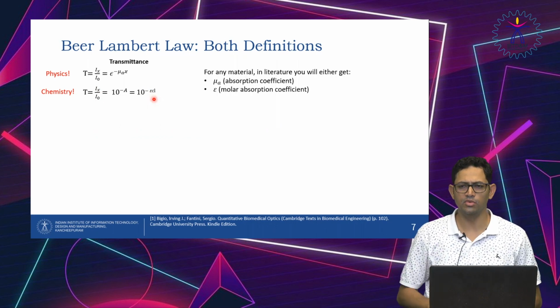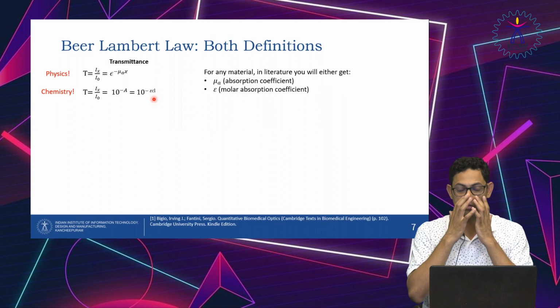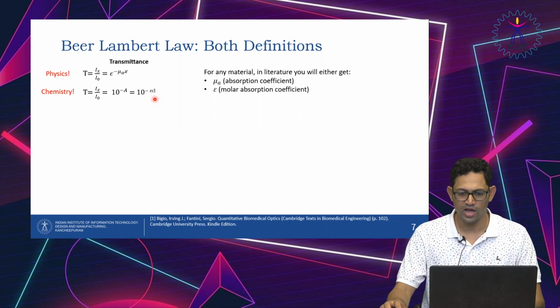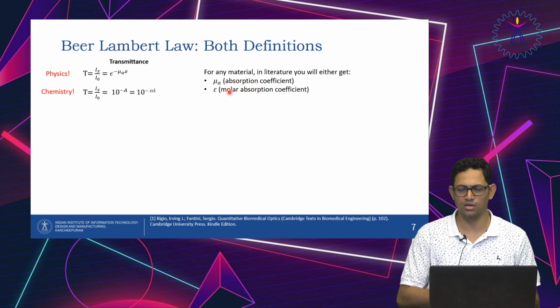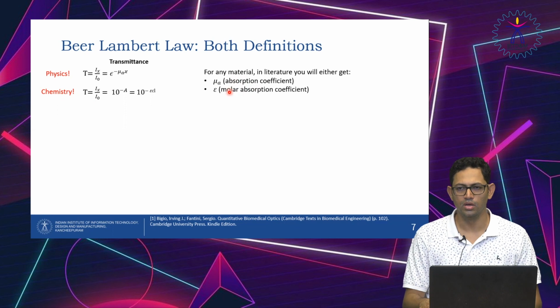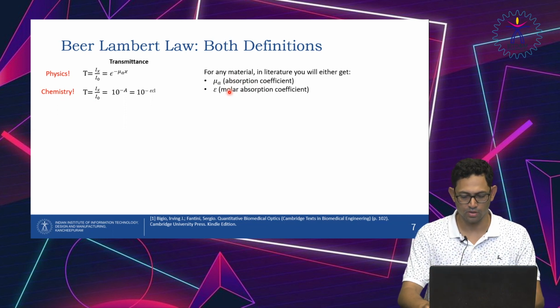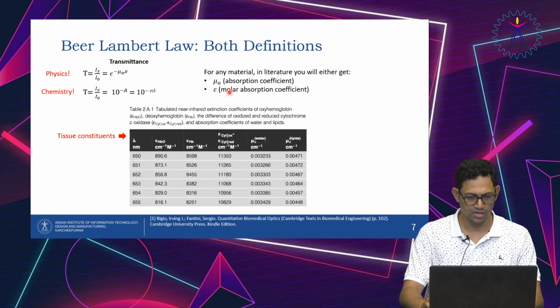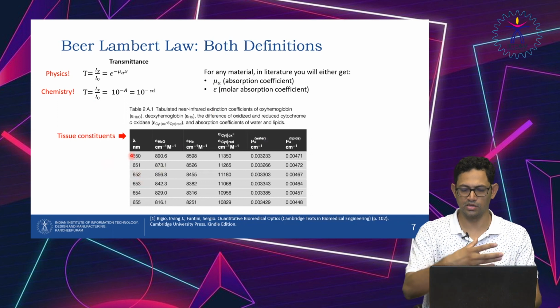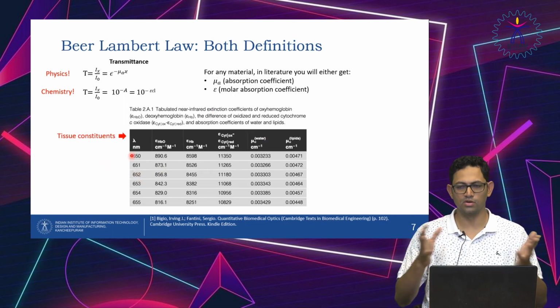Okay, for any material, when you do a literature survey in your field, you will see that you will get either mu a or epsilon. You might not always get both of them, but they can be related. So you have an equation to relate both of them. For example, in the case of tissue, there are many different tissue constituents.